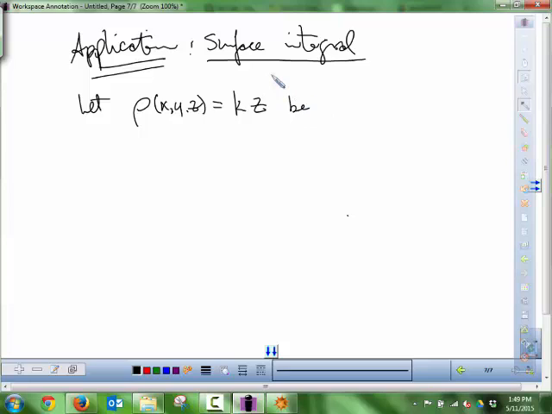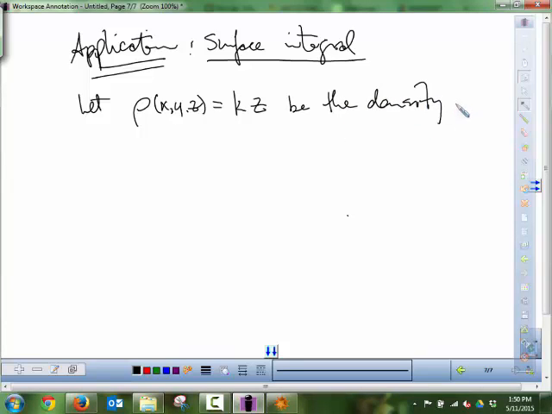And we could put units here, whatever the units are, kilograms per meters squared or something. The density of a surface.